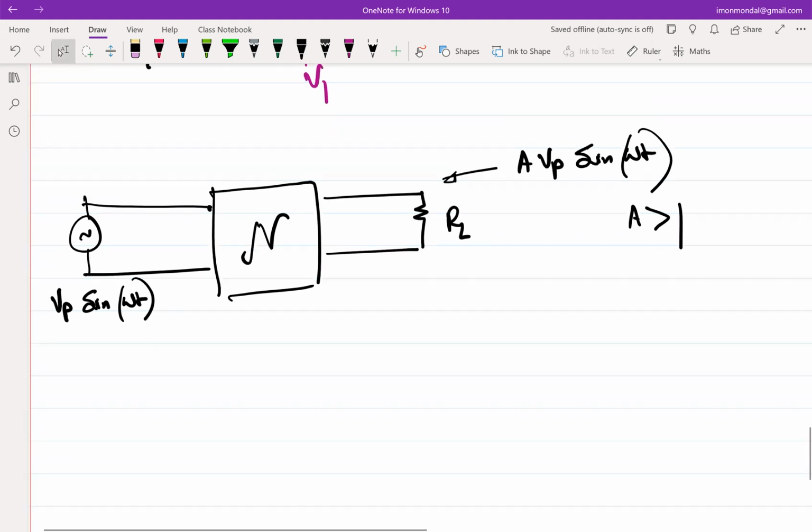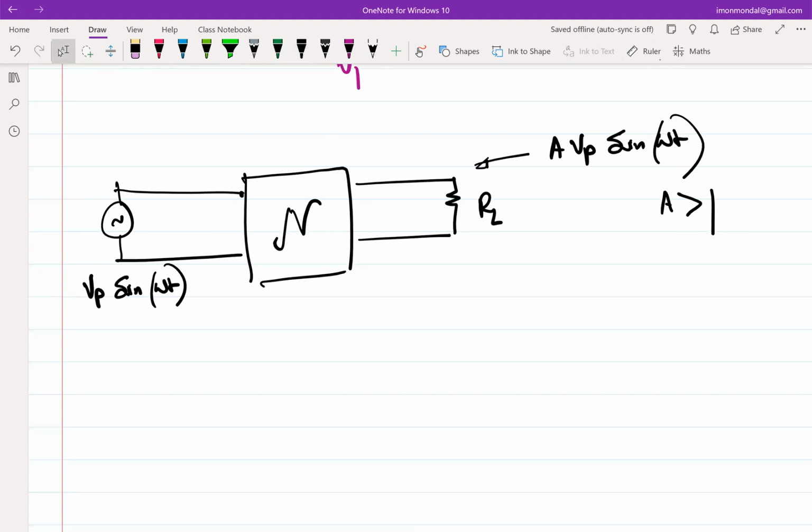So note that if I am saying that I want an amplification of voltage and I'm observing the voltage across a resistor, inherently I am saying I want an amplification of power, right? Because power is voltage squared by R, right? So essentially we are looking for a way to get a power gain.